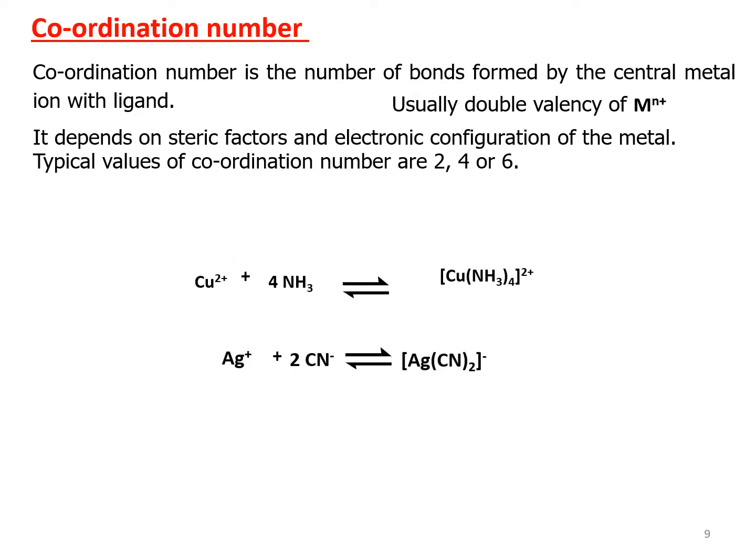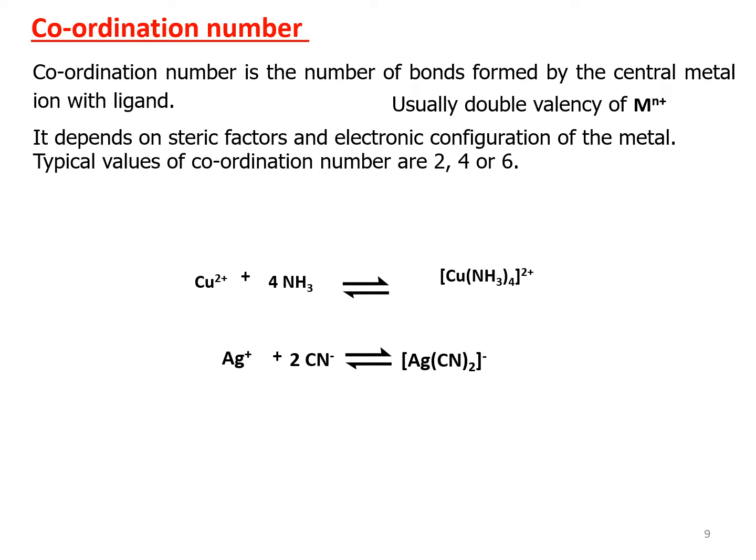Another example, like silver and cyanide, you will see that silver should take 2 ligands, or 2 cyanide moieties. The end result of the valency of this complex is -1. Why?